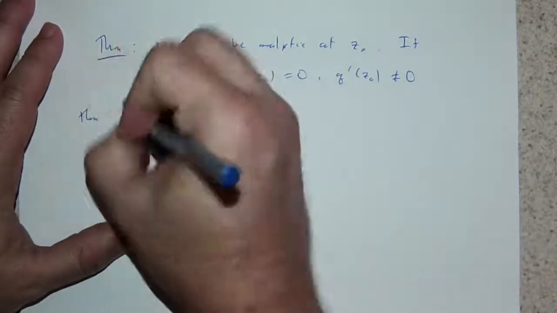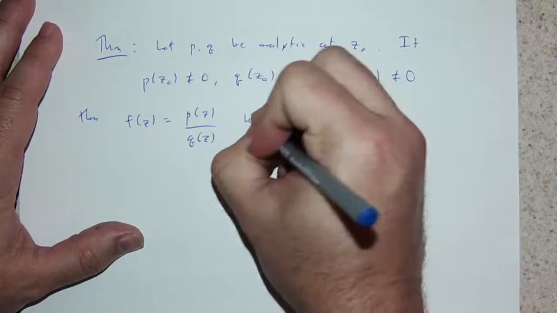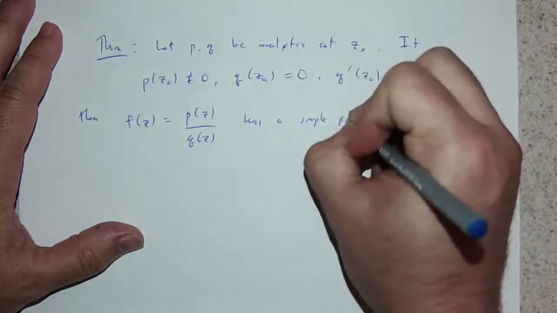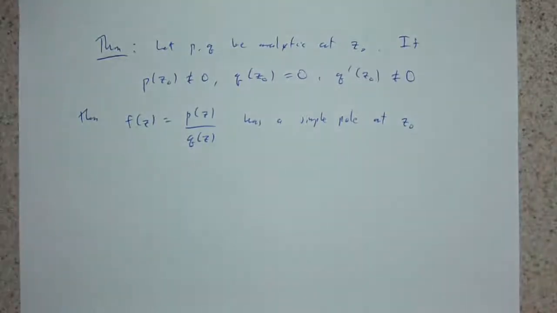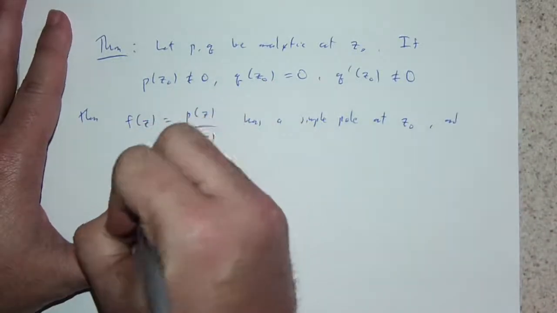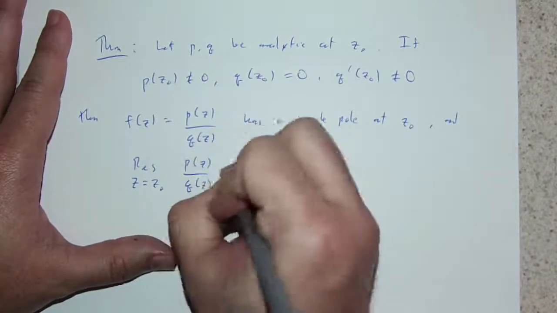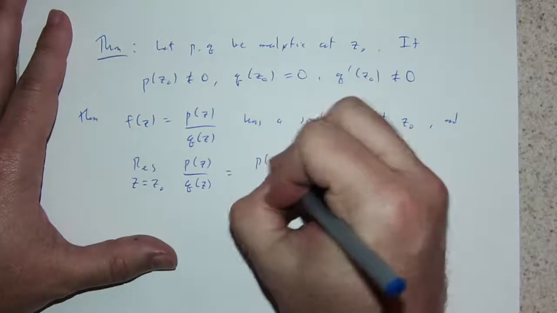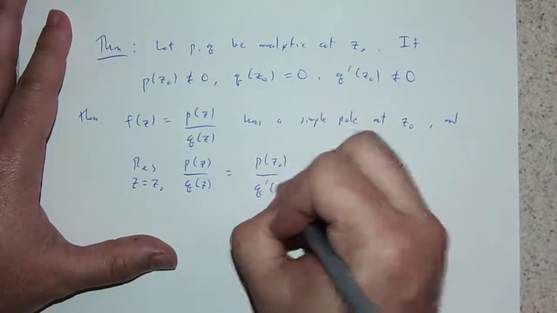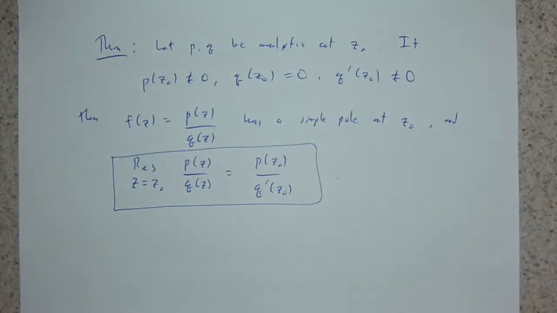Then f of z, which is the quotient, has a simple pole at z naught, that is a pole of order 1, and the residue at z naught of p of z over q of z can be computed as p of z naught over q prime of z naught. So computing the residue of that quotient is easy in this case.